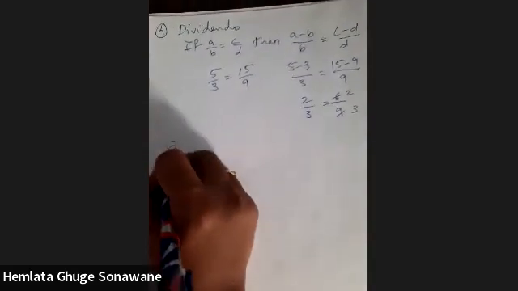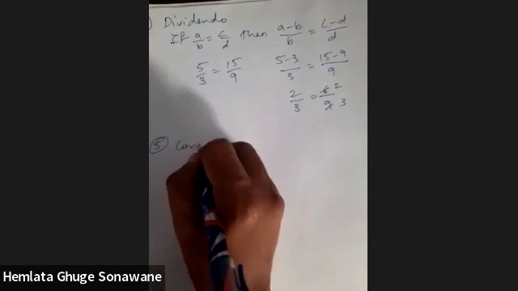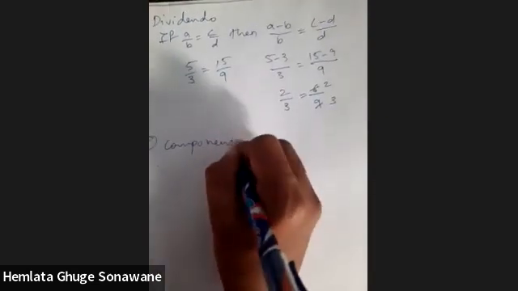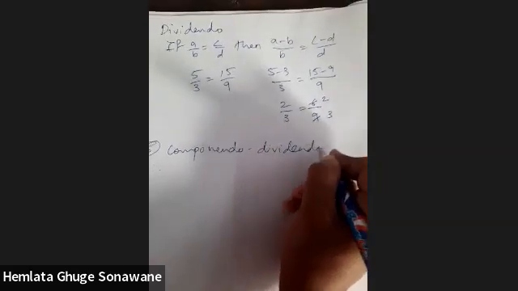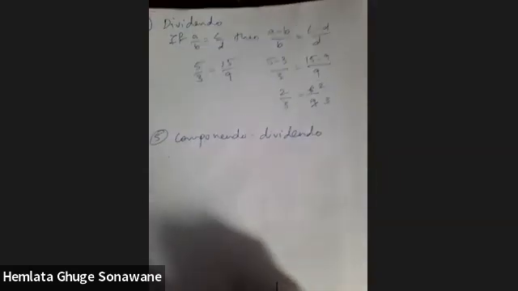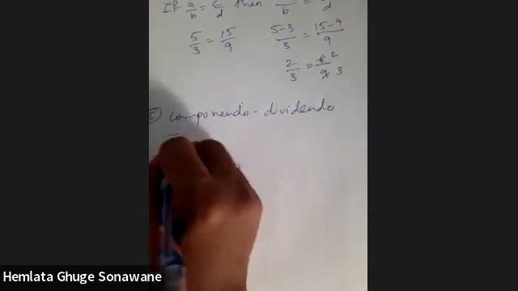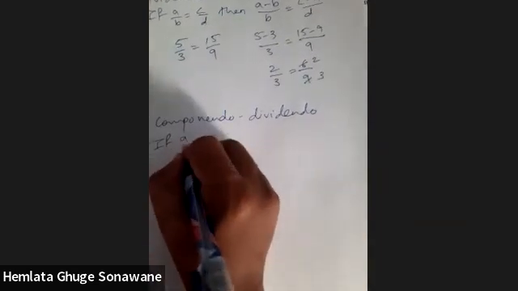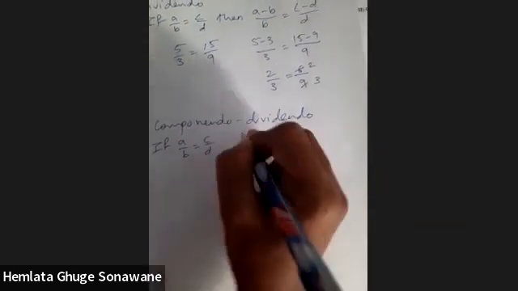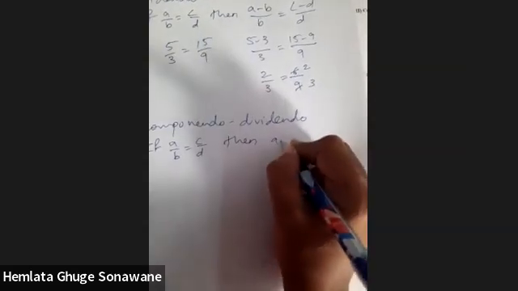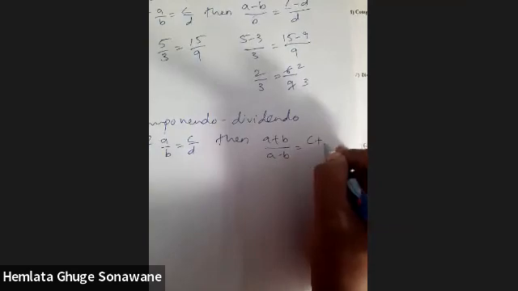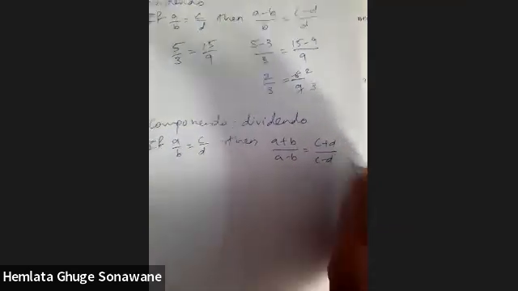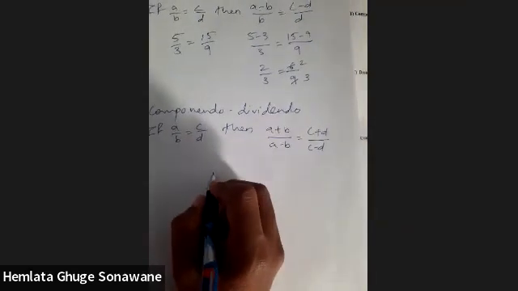Fifth operation, componendo and dividendo together. Componendo we have added and dividendo we have subtracted. So we'll do both the operations here. A upon B is equal to C upon D. Then A plus B upon A minus B is equal to C plus D upon C minus D. Okay.